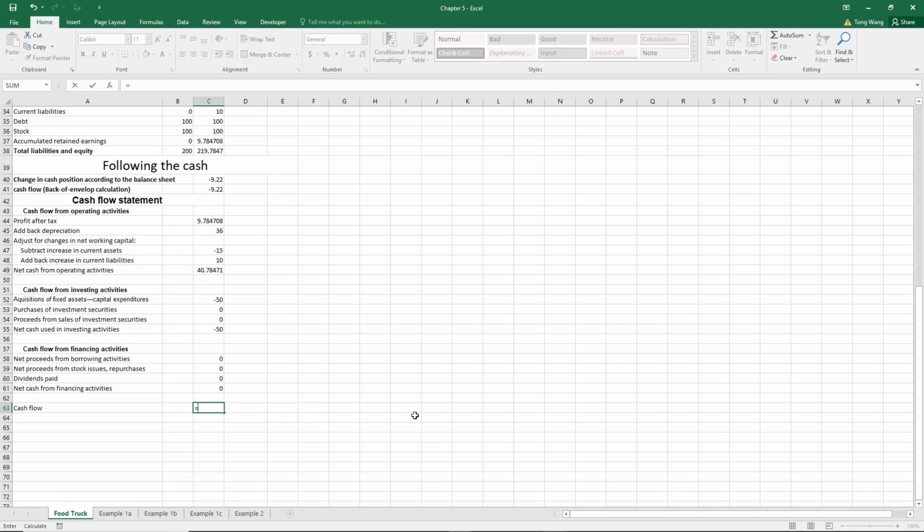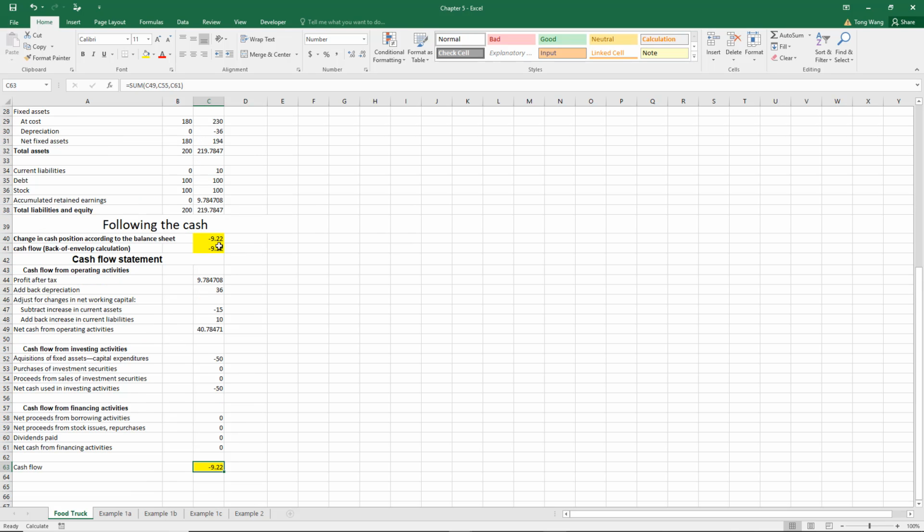So finally, the total cash flow of the company should be equal to the sum of this. And if I format that to keep more decimal places, as you can see, the 3 approaches should provide the same answer. So that's how you make sense out of the cash situation of the firm.